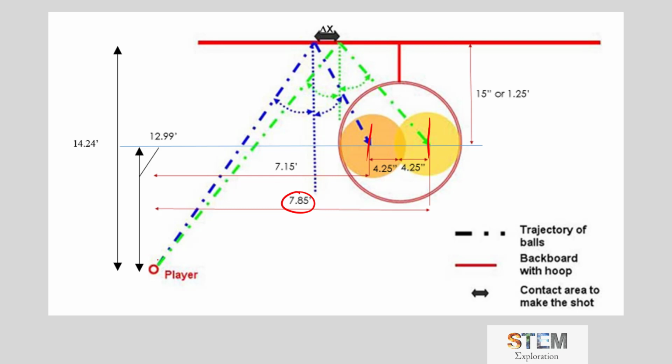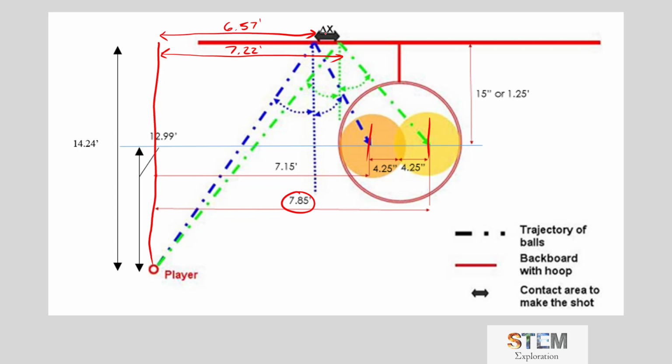But the x2 starting position here is relatively consistent. So x2 for the blue line here is your 6.57 feet, and your x2 for the other position is 7.22 feet.